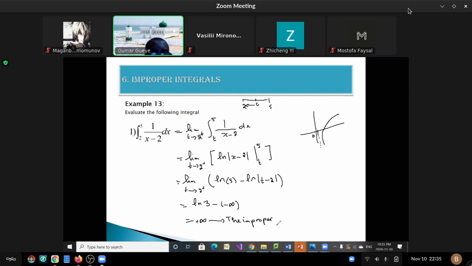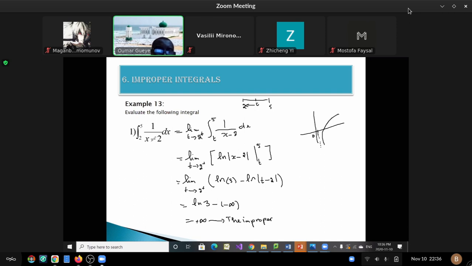The second type is when the function you want to integrate is not continuous at a point. And I told you, you have to remove that point. I repeated here the reason why we remove 2: when you substitute x by 2, your function 1 over x minus 2 is going to be undefined.